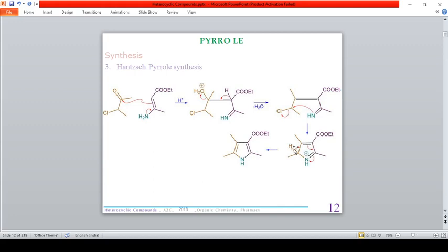How? The proton will be released, the electron will form a double bond here, this double bond will shift to the next bond, and this pi electron will shift to the nitrogen, and it will neutralize the positive charge. So we got a substituted pyrrole in Hantzsch's Pyrrole synthesis.